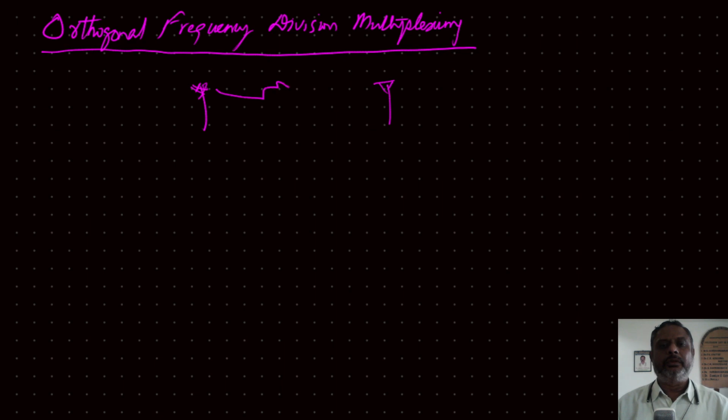For transmitting from transmitter to receiver, we are using one channel. In this one channel, the encoded signal is modulated using AM, and that is demodulated at the other side and then decoded and continued.